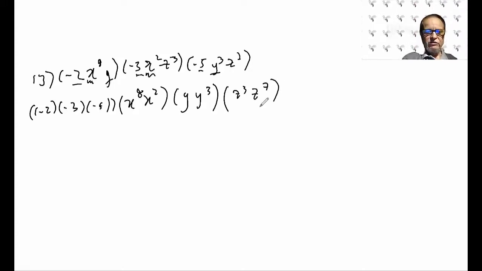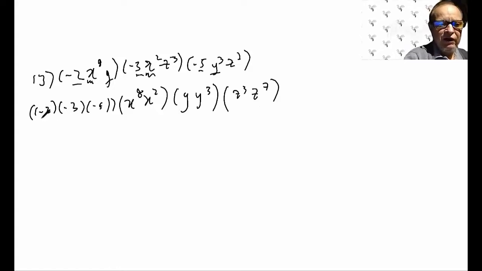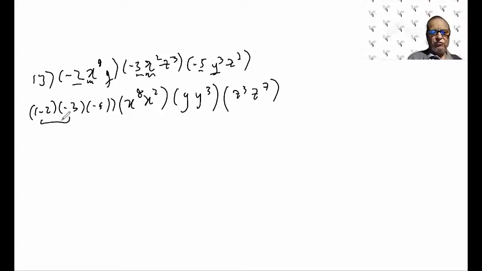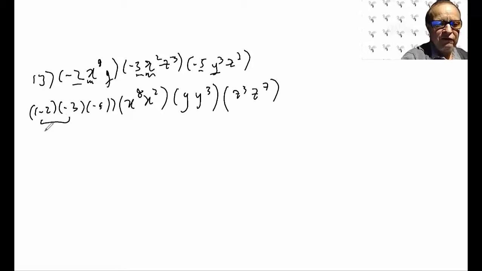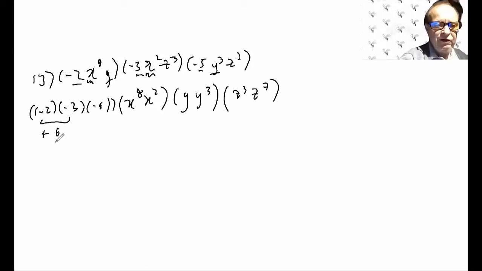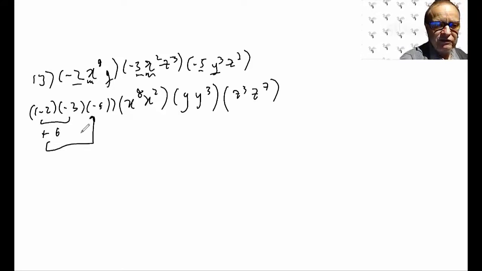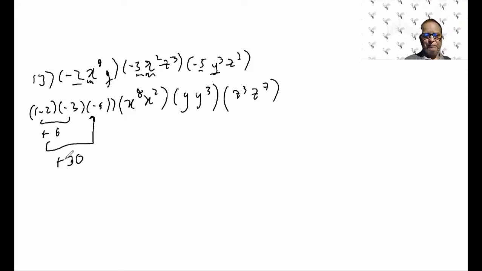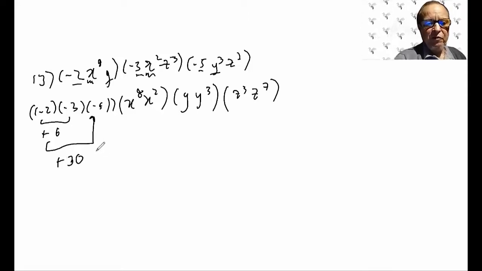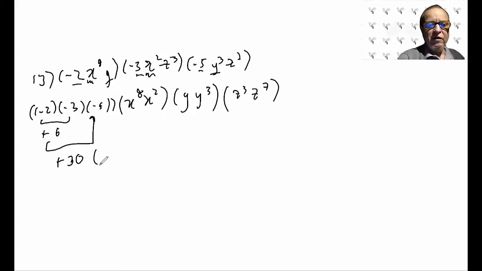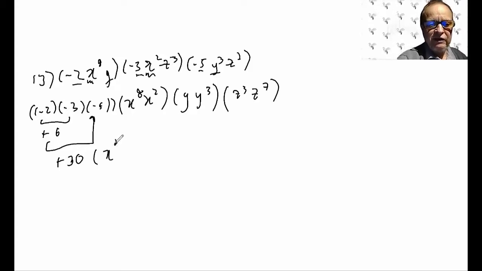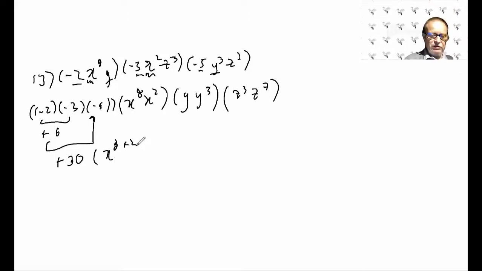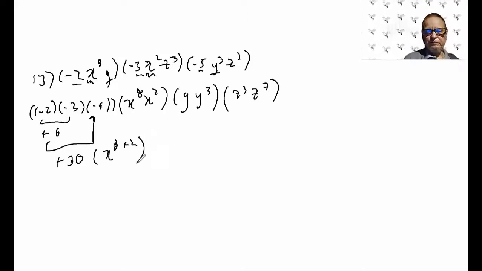So now I'll start to multiply. Well, here I have a negative 2 times a negative 3, and that will give me a positive 6. And then I have a positive 6 times a negative 5, and that'll give me a negative 30. Then for my next part, I have x, 8 plus 2 using my product rule.